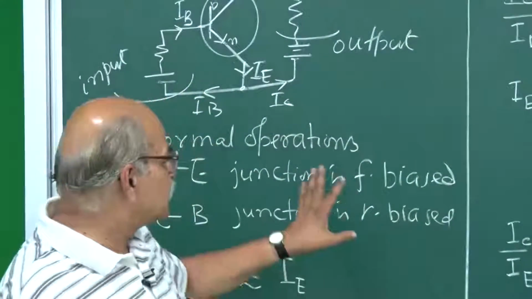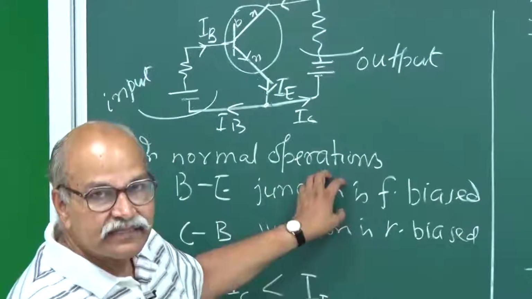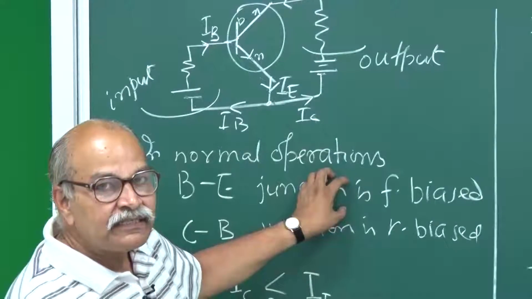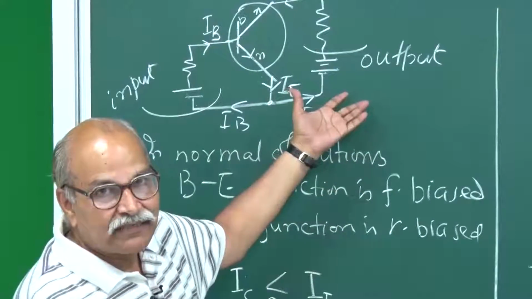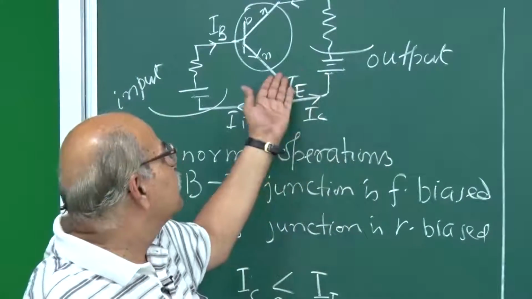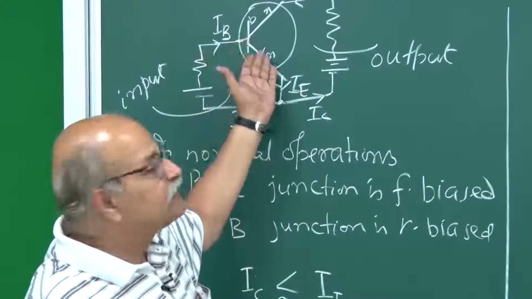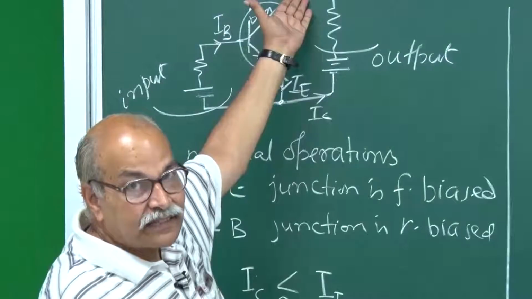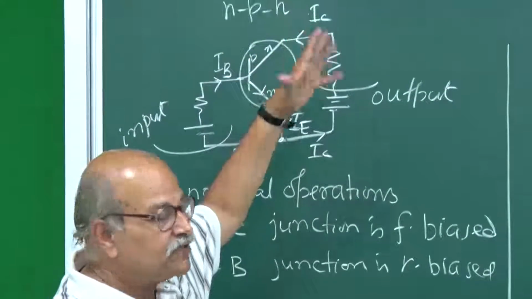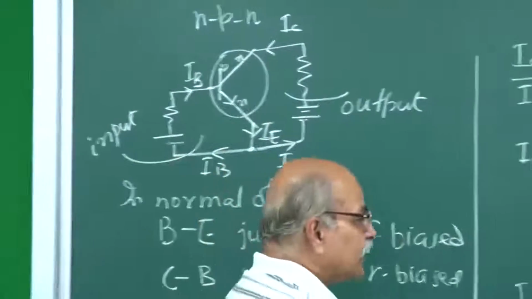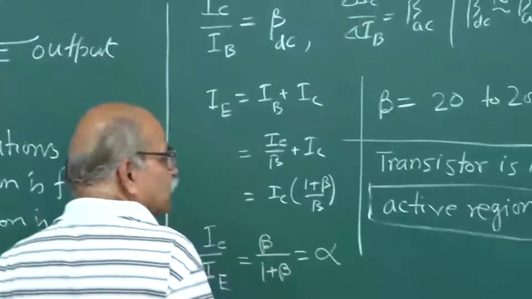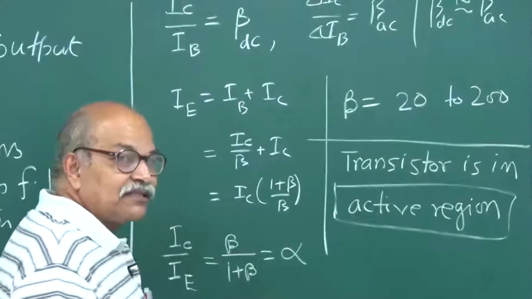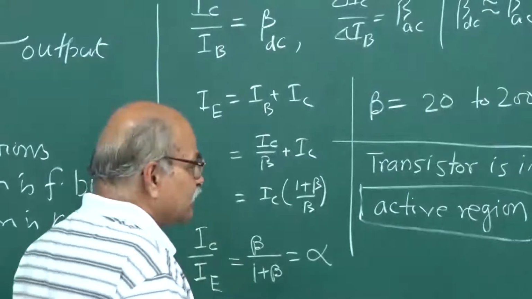So, if this is not sufficiently forward biased, then nothing will operate, no electrons will be injected here, and if no electrons are injected here, no question of any collector current. It looks very trivial to talk about, but this is used in certain applications.